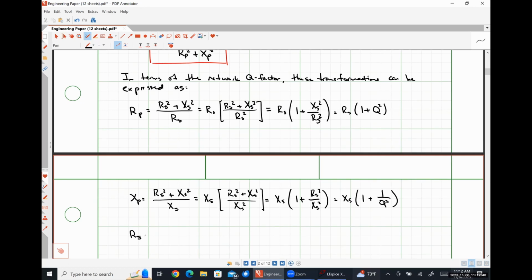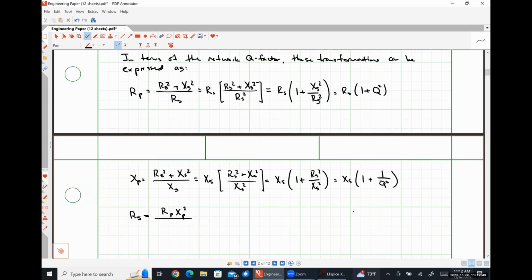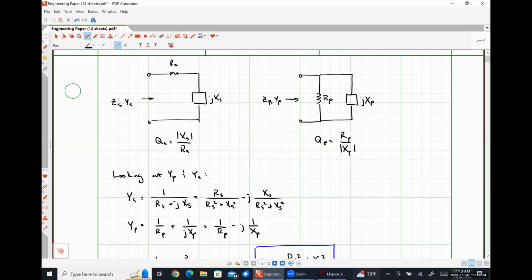Looking at Rs, we would have Rp times Xp squared over Rp squared plus Xp squared. So this is going to look like Rp times Rp squared over Q squared, right? So I'm simply saying that since X squared for the parallel connection, let's scroll up here so we can look at it.